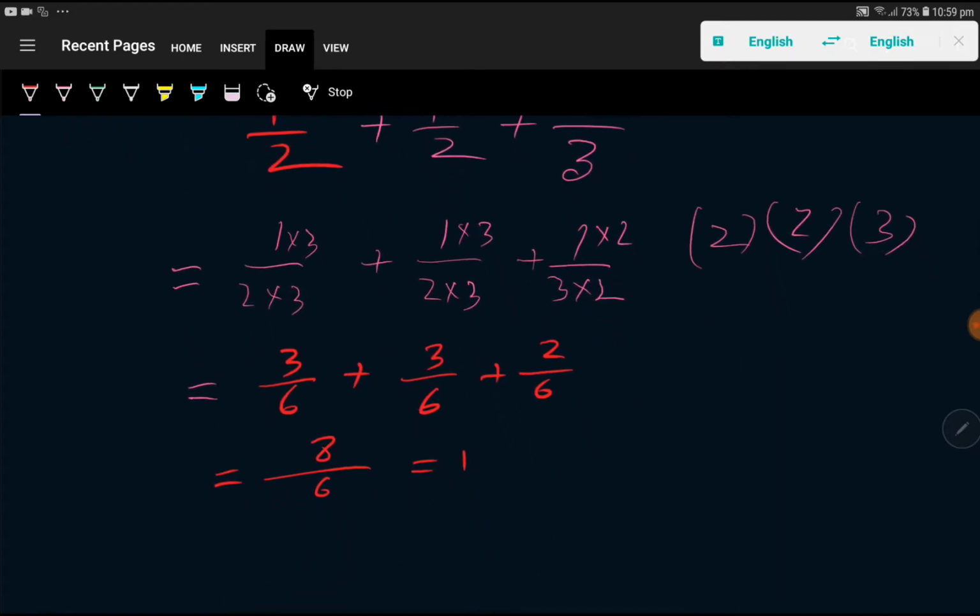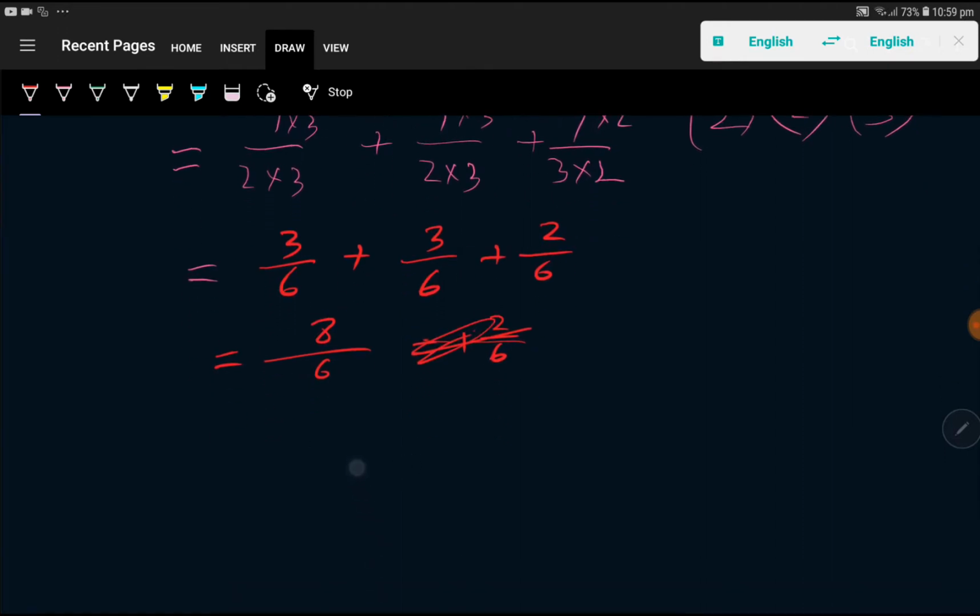If I convert this improper fraction to a mixed number, let me divide 8 by 6. 1 times 6 is 6, and the remainder is 2, so 2 over 6. That is 1 and 2 over 6.